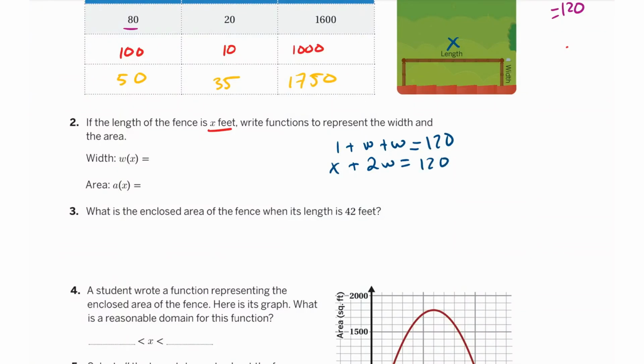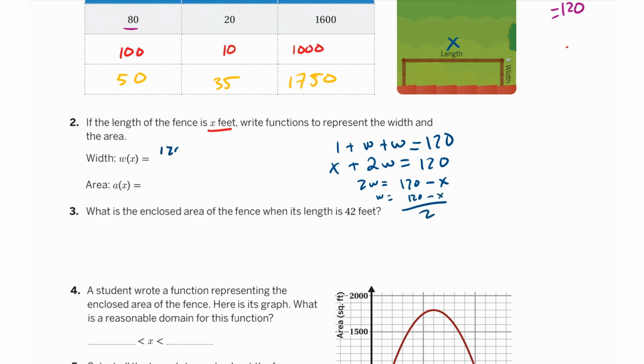If we were trying to find a function that is equal to our width, we would subtract X from both sides. So that would be 2W equals 120 minus our length, and then divide both sides by 2. When we do that, we get (120 minus X) over 2.